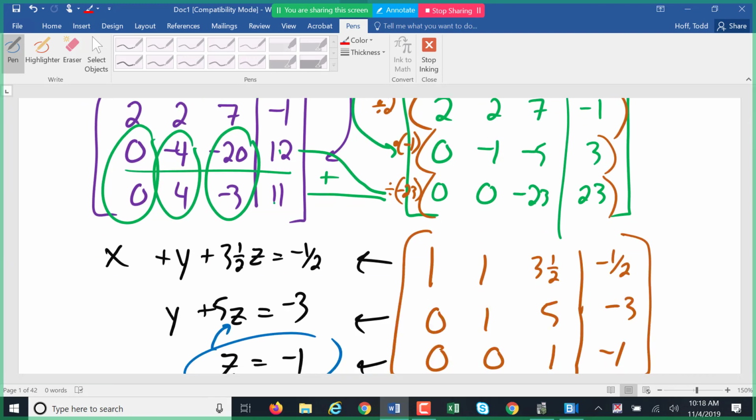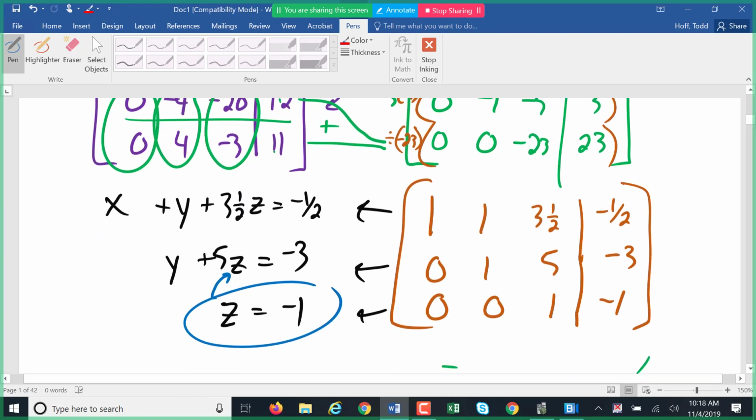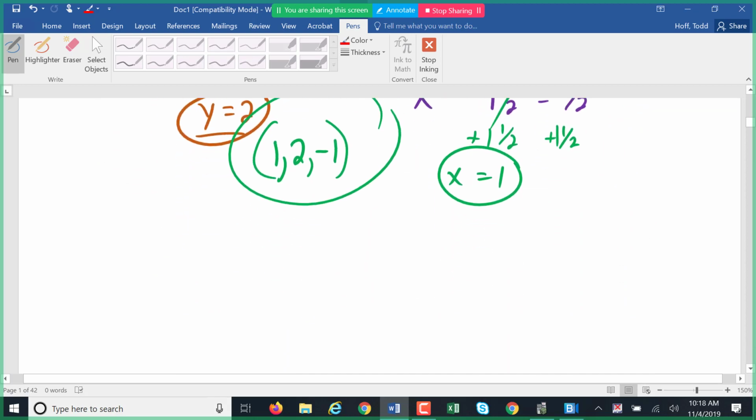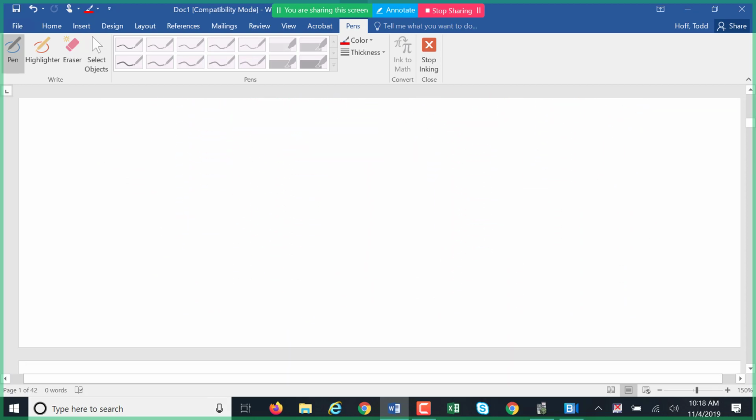Now you can see there are a lot of steps and there's a lot of matrices to write out. By no means is it a simple process. What we just did there is called Gaussian elimination with back substitution.